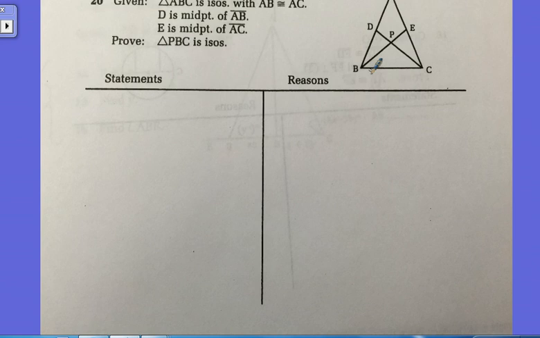So let's see what we've got here. We've got that this is isosceles with AB being congruent to AC. So if this is the midpoint, then all four of those segs are congruent.